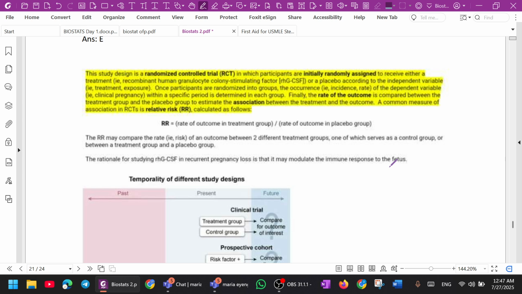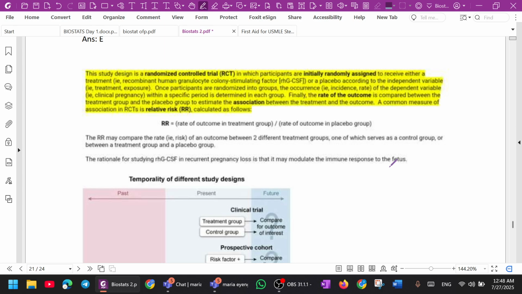Once the participants are randomized into groups, the incidence rate of the outcome, clinical pregnancy, within a specific period is determined in each group. Finally, the rate of outcome is compared between the treatment group and the placebo group to estimate the association between the treatment and the outcome.